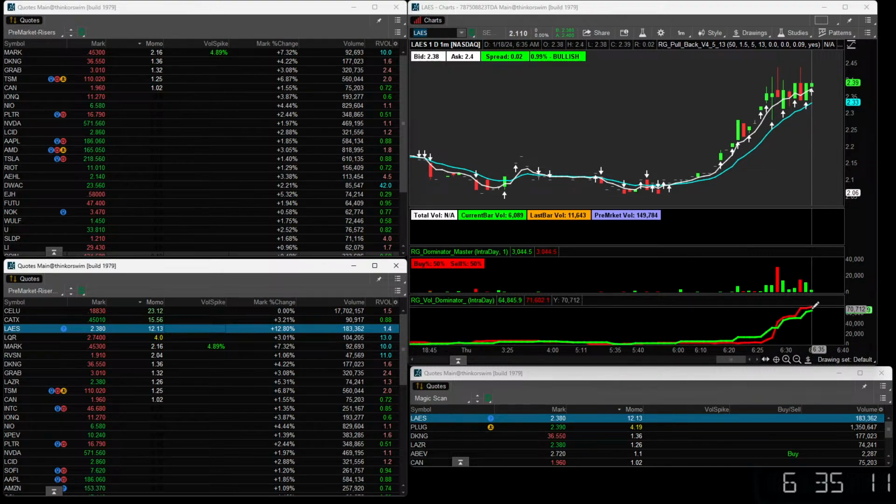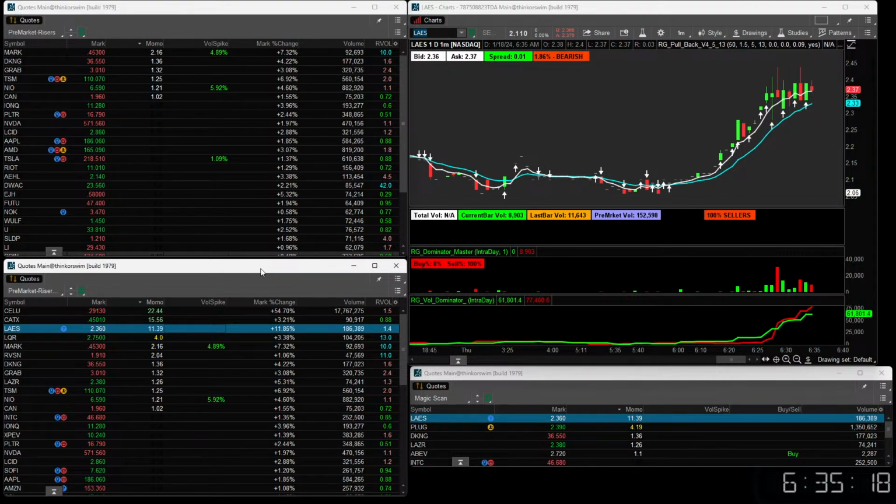Dominator lines, red over green. Yeah, we traded it just a day or two ago. I don't know if we traded it, but we marked it out.